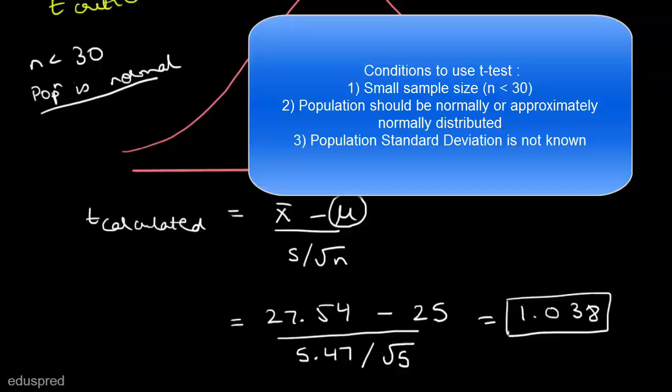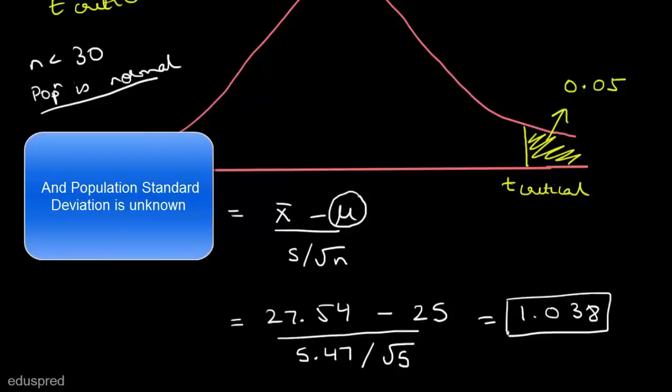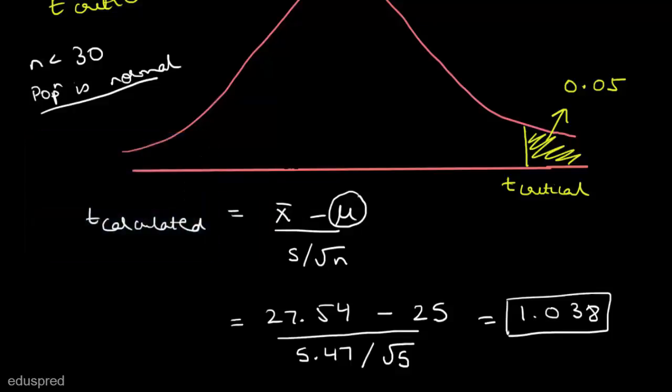So in those cases you will have to use some other tests which do not depend on the distribution of the population. Okay, but in this question we can use t-test because n is less than 30 and we are given that the population is normal. So the condition is that if n is less than 30, the population should be normal, or say approximately normal, if you want to use t-test. Otherwise you cannot. So let's proceed further with our calculations.